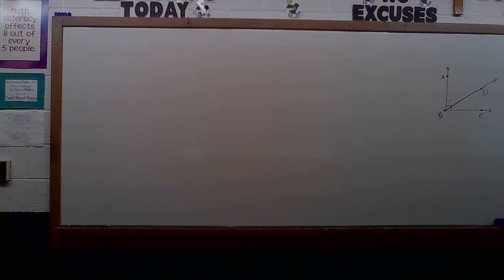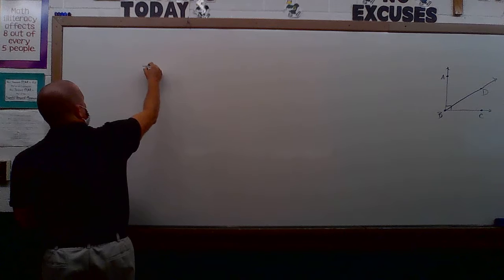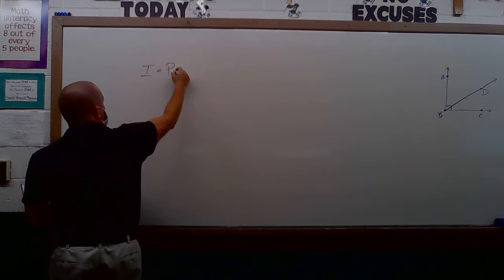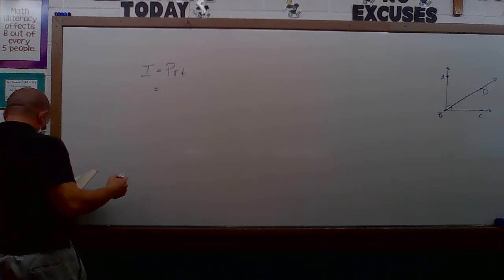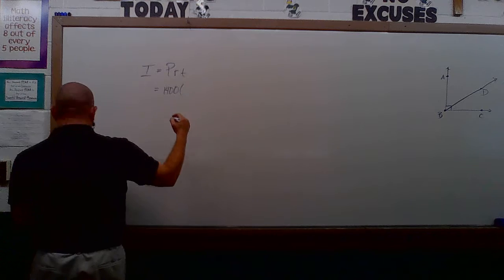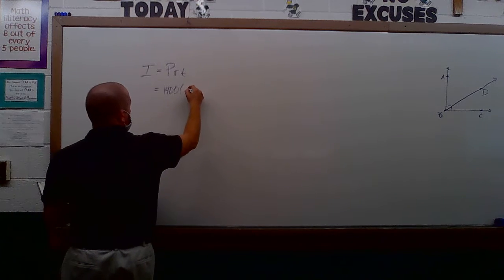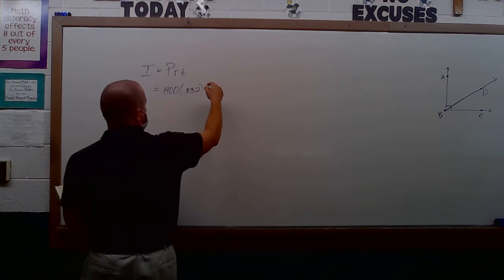Okay? So again here, the basic thing that I'm going to use in this problem is what? I equals PRT. So we say I equals, and in our case, what is my principal? 1,400. What is my rate? 0.032. We are getting good at that. And what is my time?